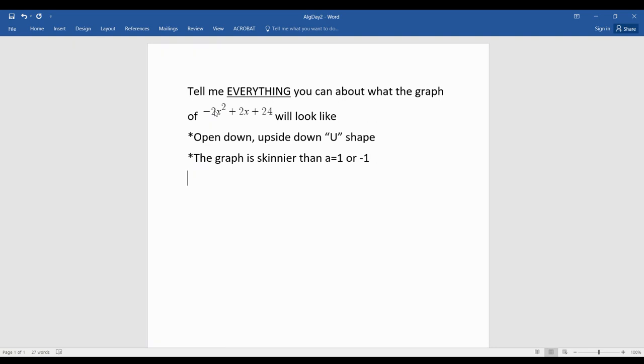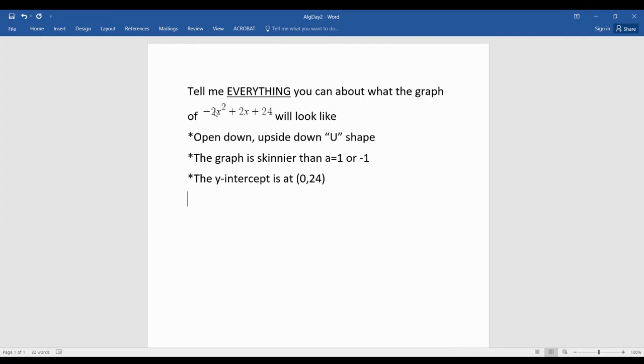I also can look at my C value here, and the C value tells me that the y-intercept is at 24. So if I want to put that into coordinate form, I can also say 0, comma 24.